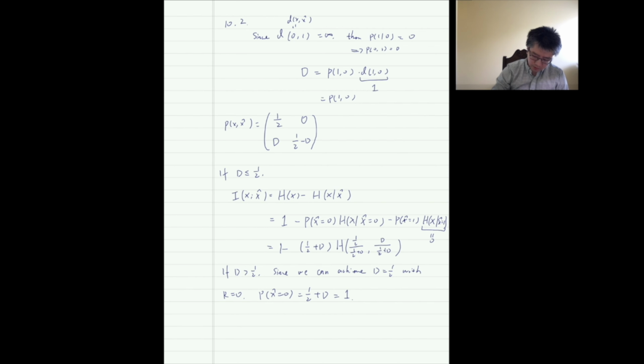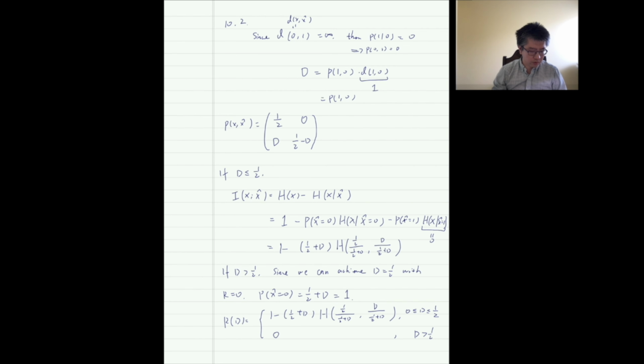Therefore, the final result is equal to 1 minus this if d is less than or equal to half, and when d is bigger than half, it is 0.